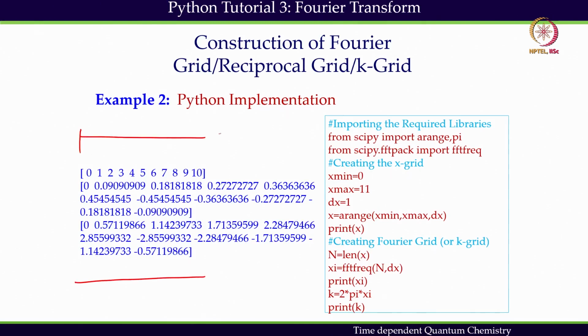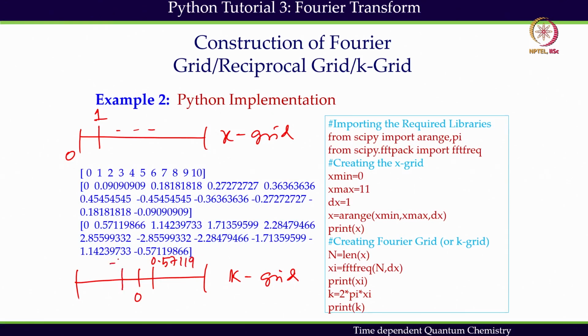This is your x grid, starting from 0, then 1 and so on, and this is your k grid, starting at 0, then 0.57119 approximately, and it also has the negative of that value.